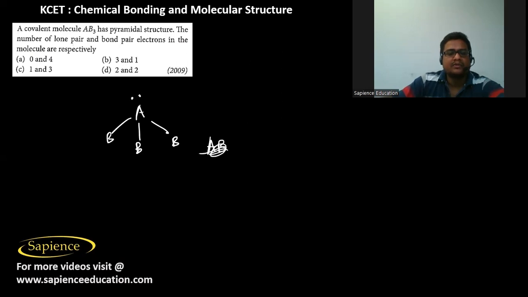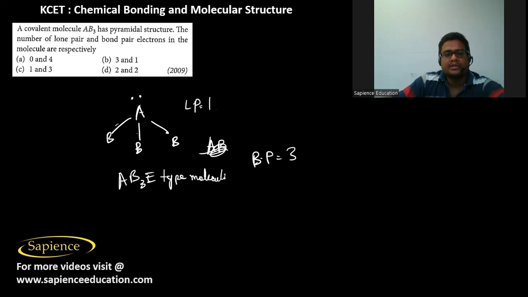So it means that it should have one lone pair and it has three bond pairs, obviously. So the number of bond pairs is three, and the number of lone pairs is one. So it is AB3E type molecule. For example, we have NH3 molecule.